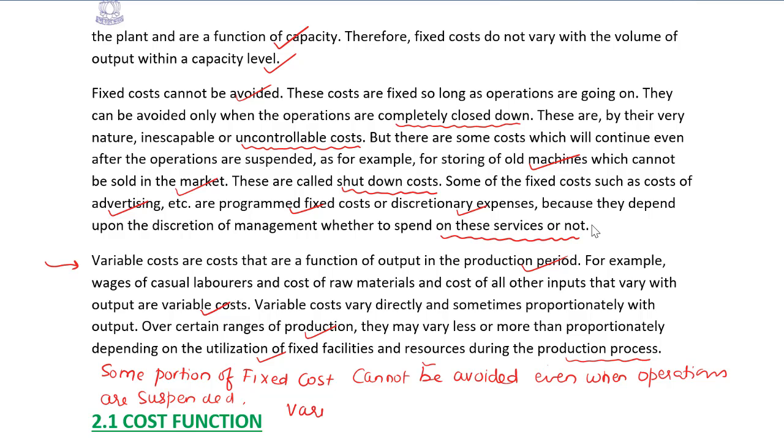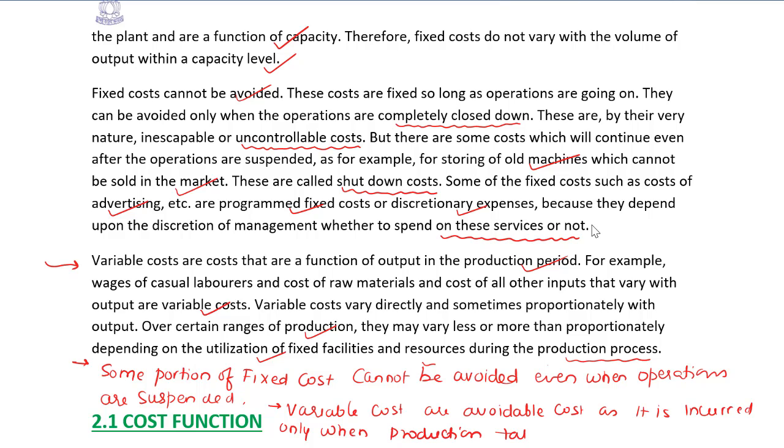But in case of variable cost, they are avoidable cost as it is incurred only when production takes place. Understood?